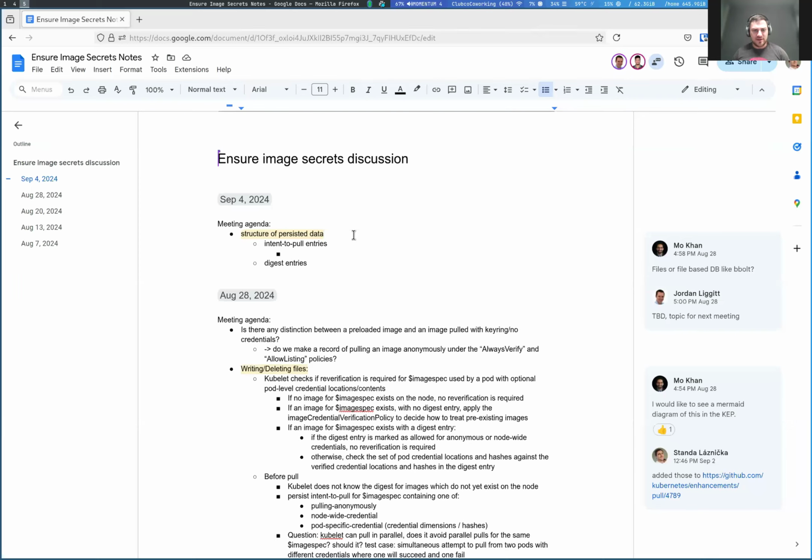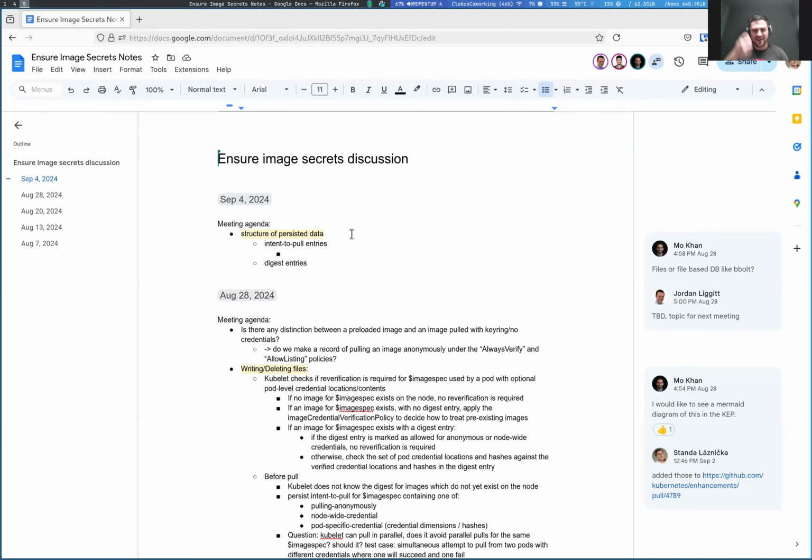So I think that last time we decided that we will be making two kinds of persisted data, right? The first one would be before the actual pull, with an intent to pull an image, and then once the image is pulled, we write a new something.